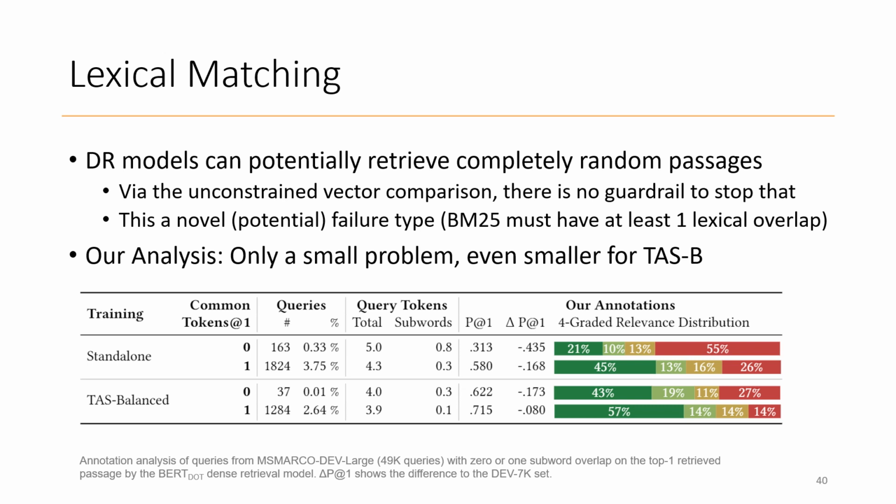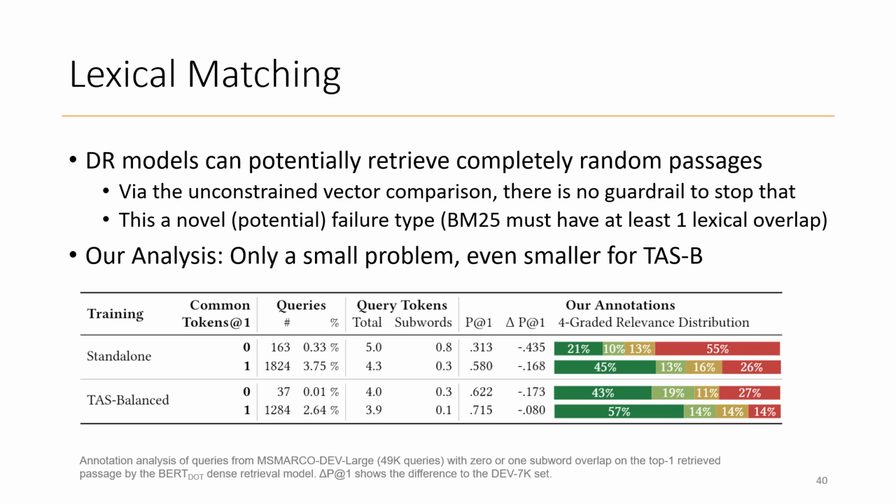With that, let's switch gears and look at some of our in-depth analysis of dense retrieval models. First up is lexical matching, because dense retrieval models can potentially retrieve any passage out of the collection. We operate in an unconstrained vector space, so there are no guardrails stopping us from retrieving completely irrelevant and random content.